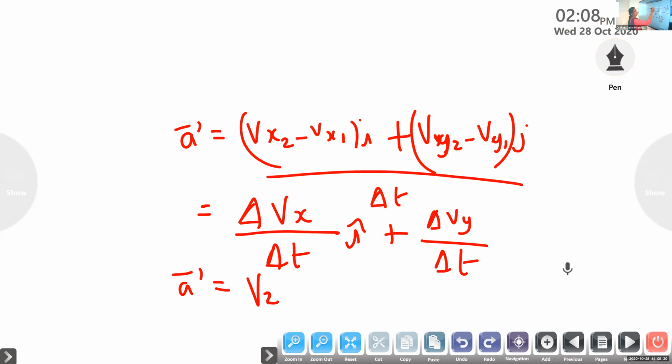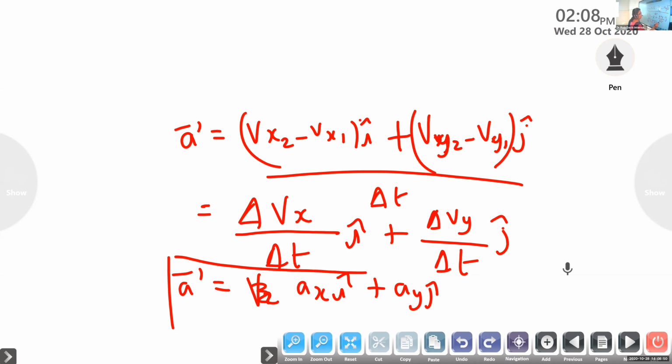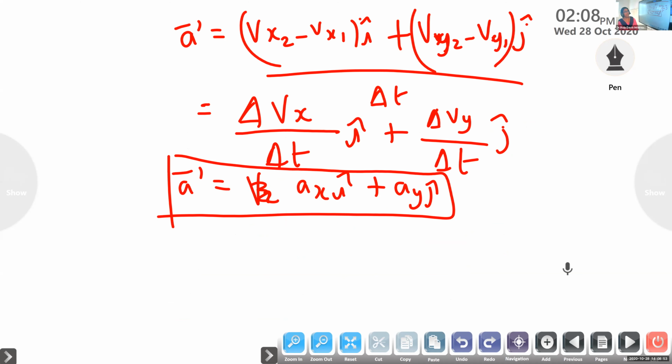Oh, I forgot to put the cap. So when we write this, directly we can write a is equal to ax i plus ay j. So we resolved acceleration into components: the x component of acceleration plus the y component of acceleration.